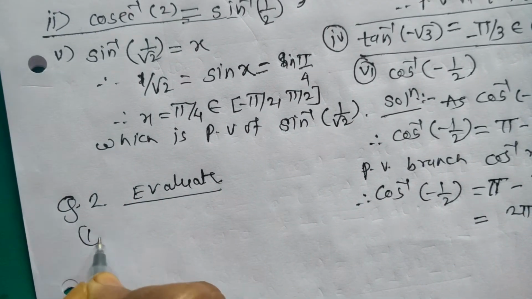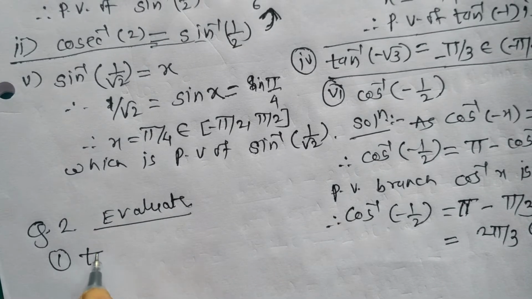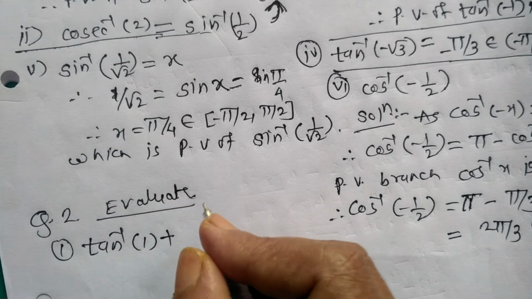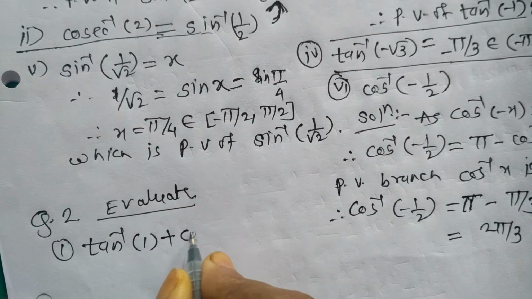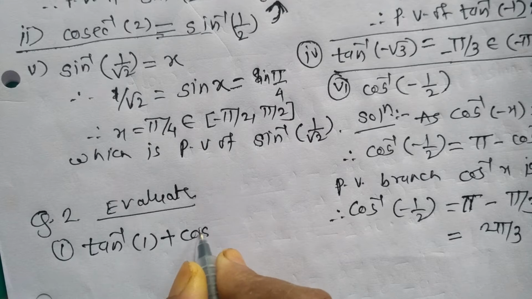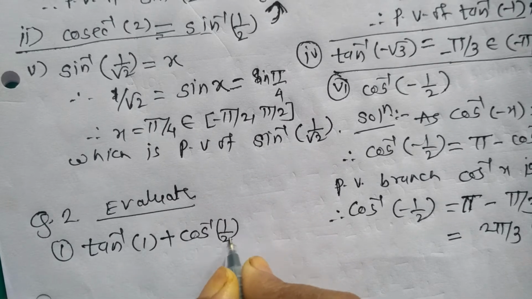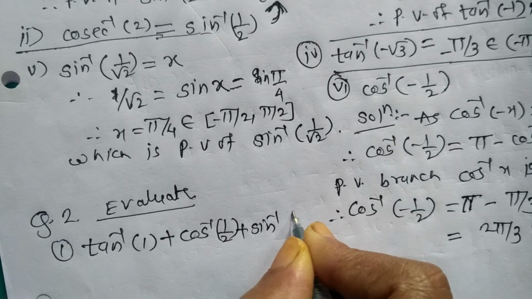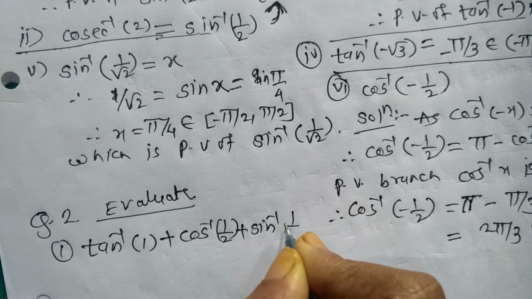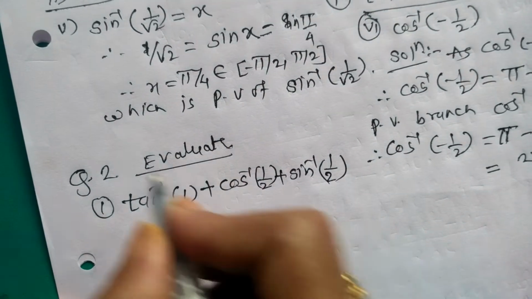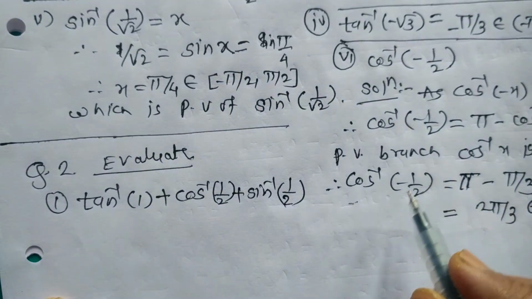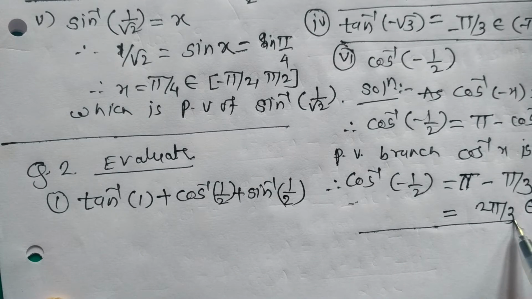The first question is a very easy one, where you only take standard values. We have to evaluate the expression tan inverse 1 plus cos inverse half plus sine inverse half. Very easy question again, we only take the standard values of the given functions.